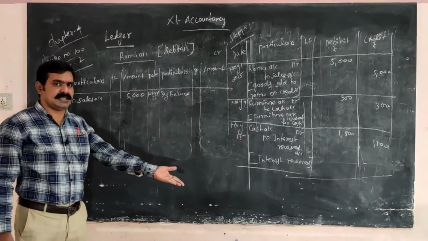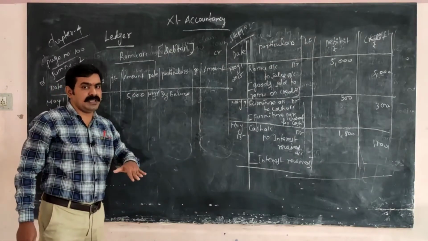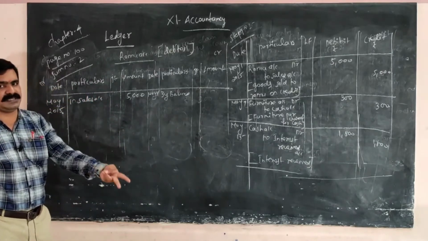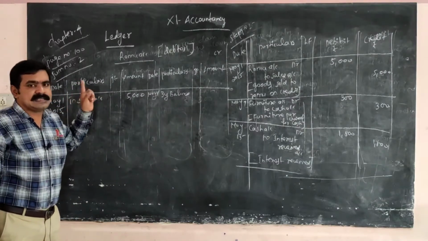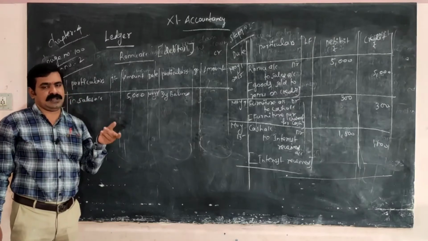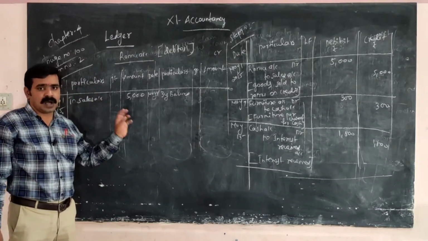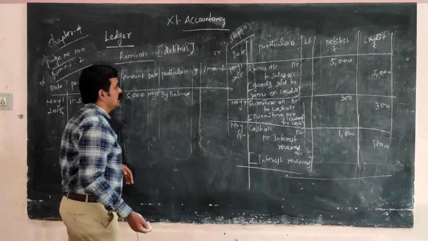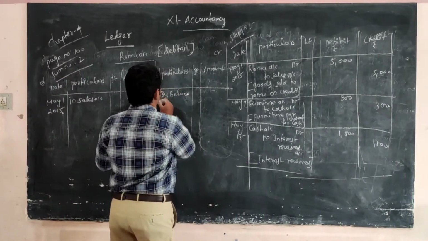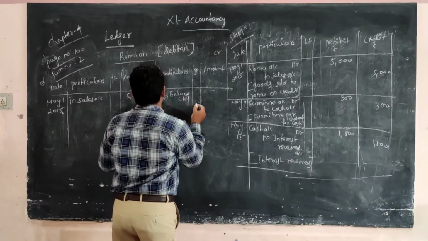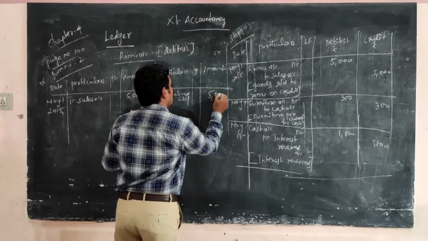In case we purchase goods from him, that is a credit purchase and he is a creditor. Here it is a sale, so Ramu is called a debtor. The balance is carried down.